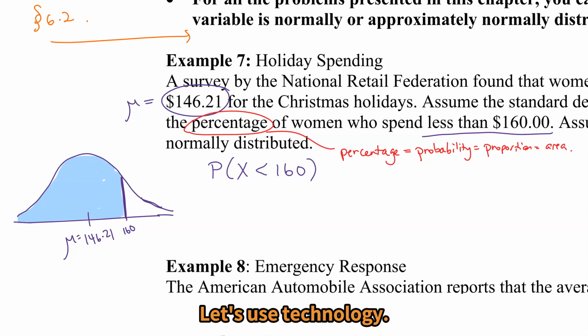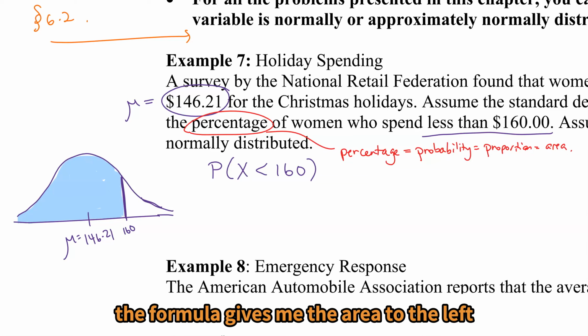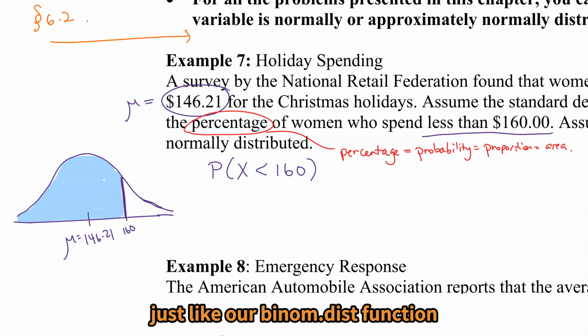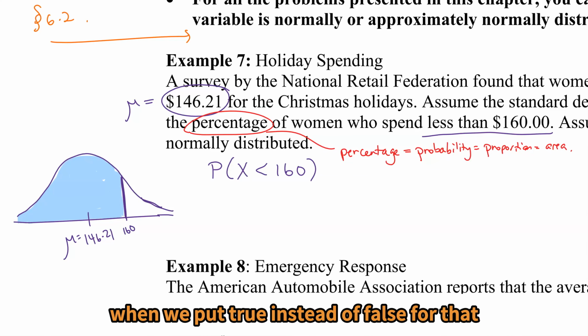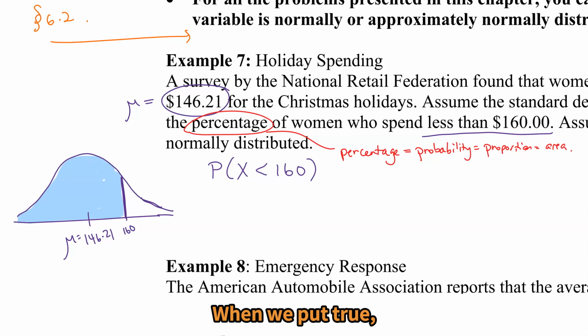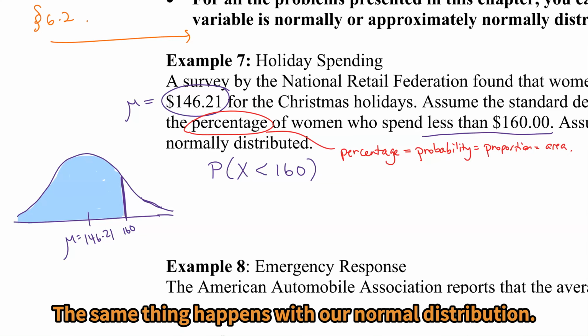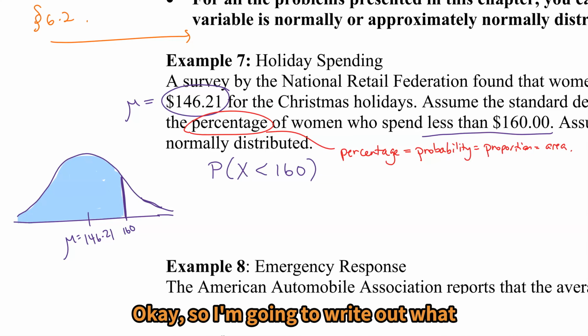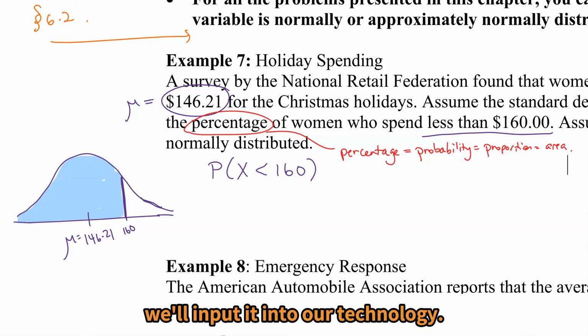Let's use technology. So here, x is less than 160. When I'm working with the technology, the formula gives me the area to the left. Just like our binom.dist function did in chapter 5, when we put true instead of false for that last conditional argument, we get the area to the left of the number that we're given. The same thing happens with our normal distribution. Okay, so I'm going to write out what my command should be, and then we'll input it into our technology.